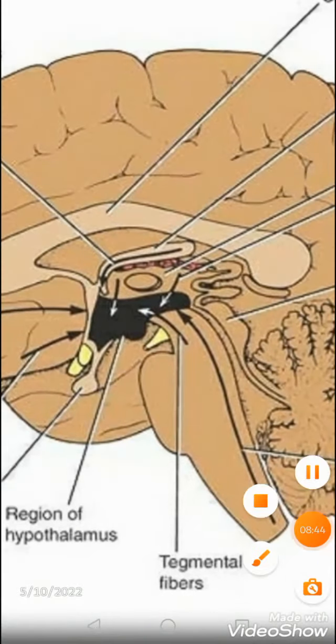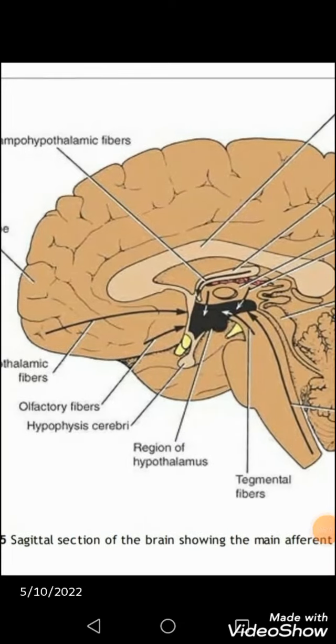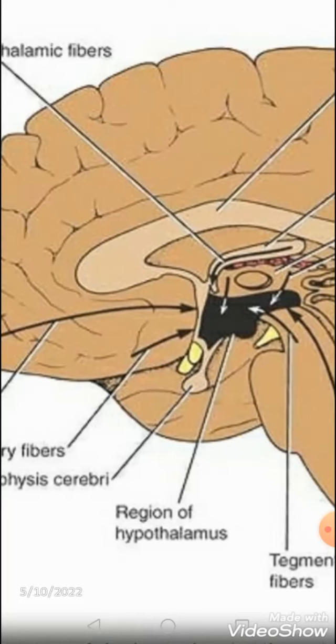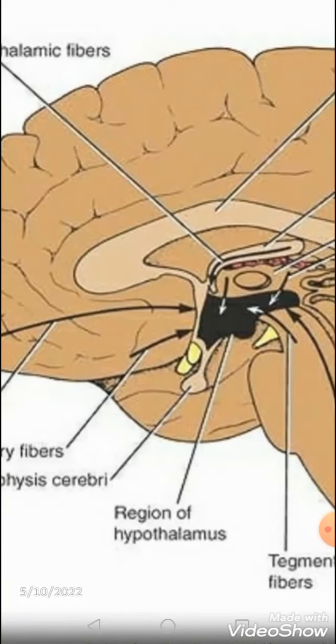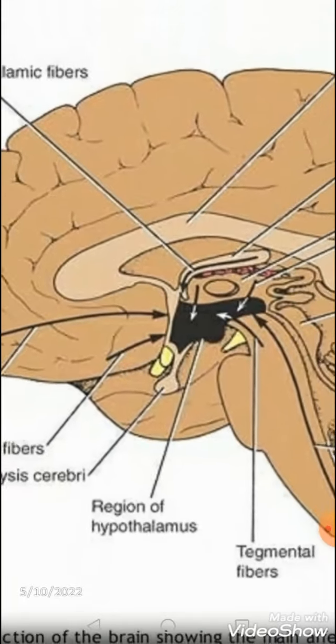And if we concentrate, there are visual afferent fibers that leave the optic chiasma and enter into the suprachiasmatic nucleus of your hypothalamus, right?